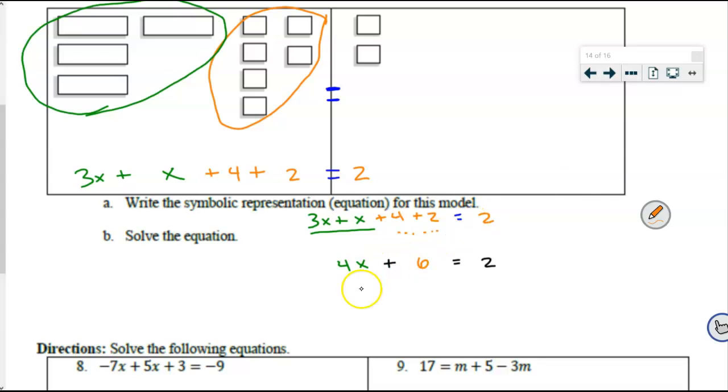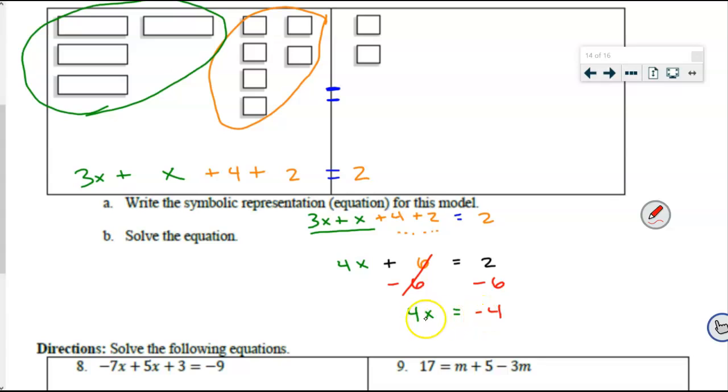Flow map if you need it. I'm going to undo adding 6 by subtracting 6. Balance it, same thing on each side. And that means I have 4x is equal to, and balance with 2 minus 6. Again, use your tools. Don't make silly mistakes here. 2 minus 6 in your calculator. Gavin, it is negative 4.